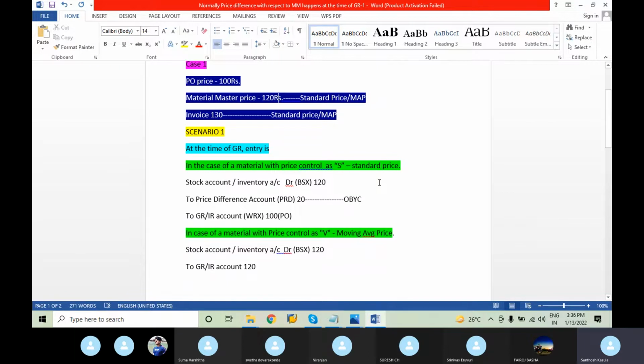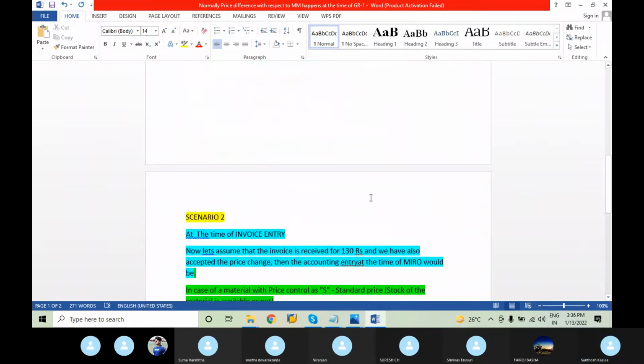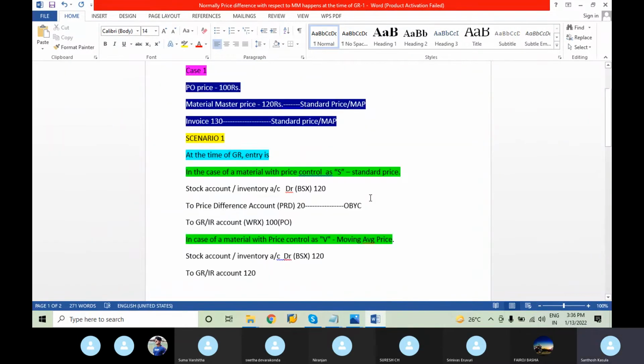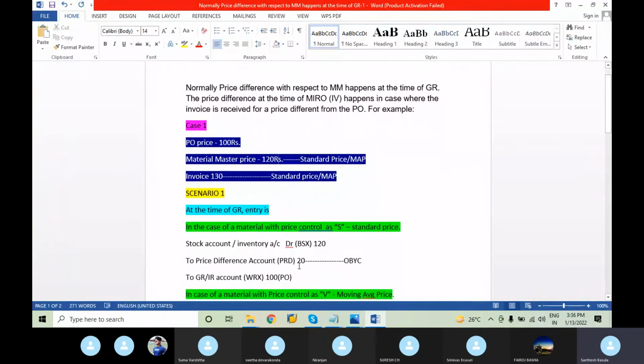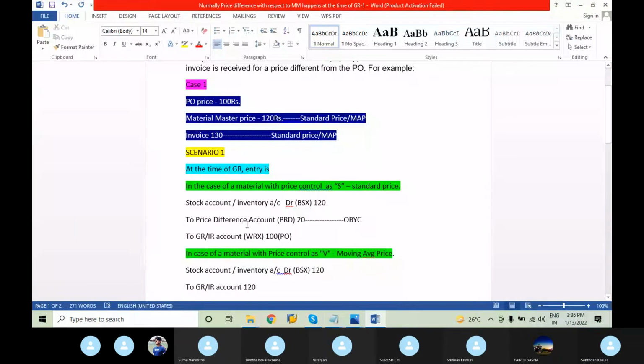Goods receipt, and the difference is shown to set off the amount.